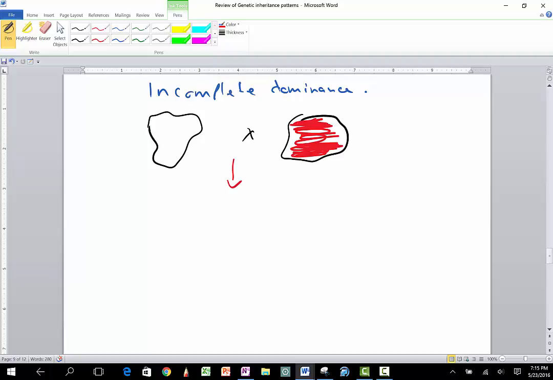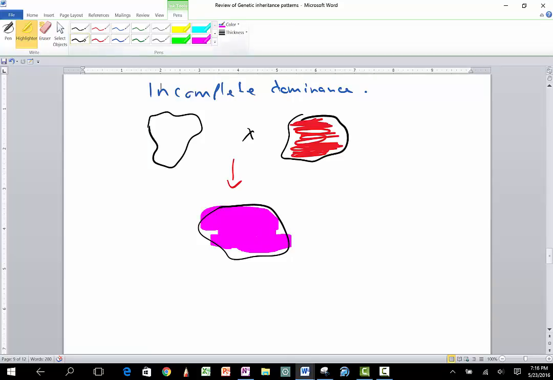and I don't know if I can get pink. Let's see. That's pink. Kind of like that thing.